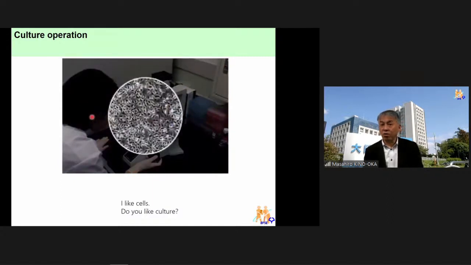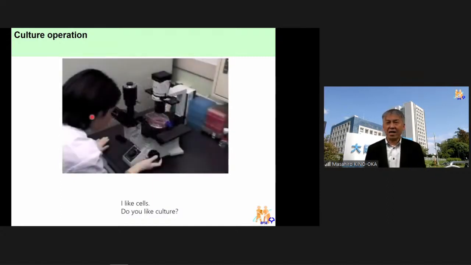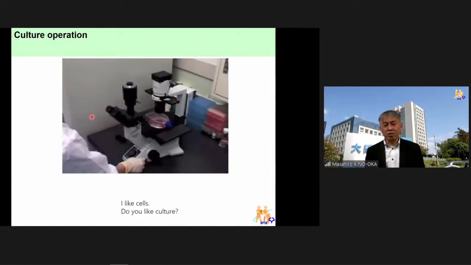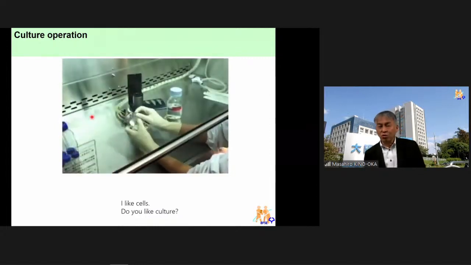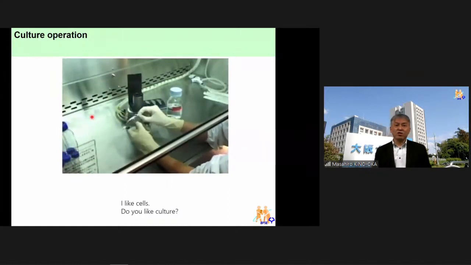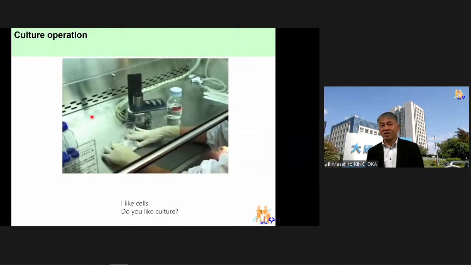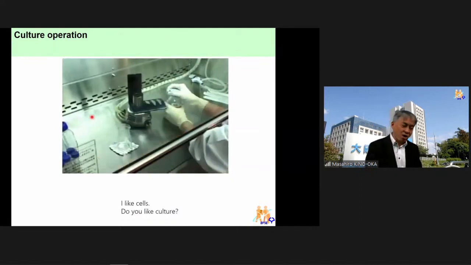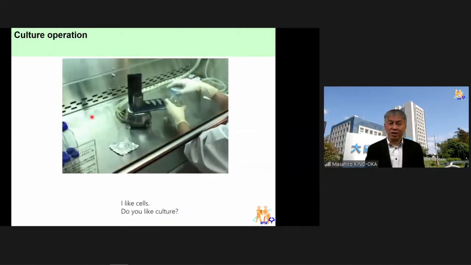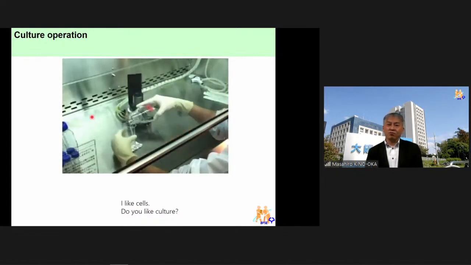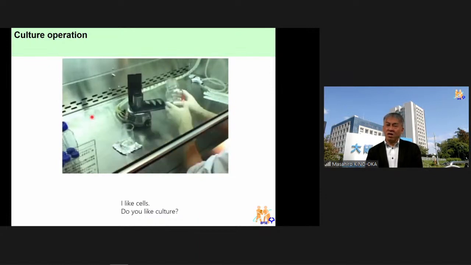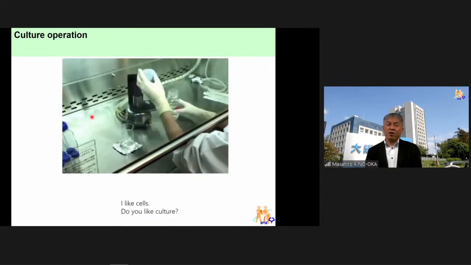Is that good or bad? That's bad. If the number of cells is large, on Monday it's impossible to use. So that's why this student starts to prepare the passage, from one vessel to another vessel, quickly, because she has to leave now to go to the movie theater because it's Friday night.